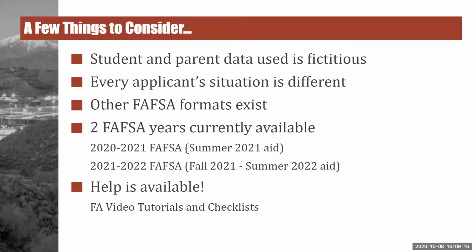If you have any questions or concerns with the FAFSA application, you can contact the Federal Student Aid Information Center, which is a federal contact center dedicated to helping students and families complete the FAFSA application. You can also contact the Mount SAC Financial Aid Office for assistance, and we'd be happy to help you. Okay, now that we have covered some of those disclaimers, let's get started with the FAFSA simulation.